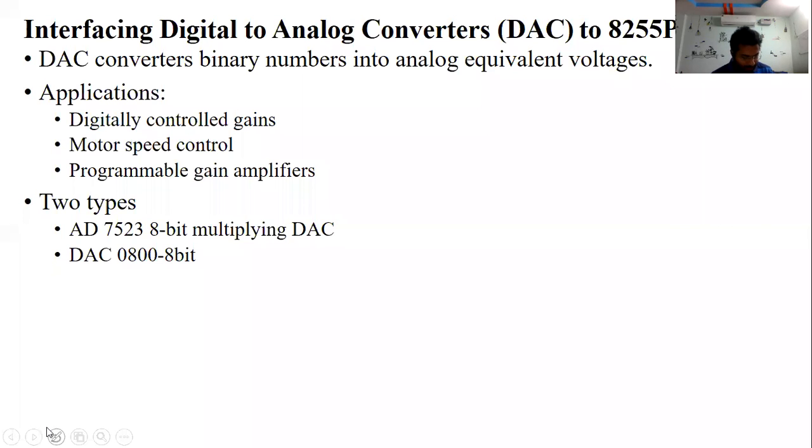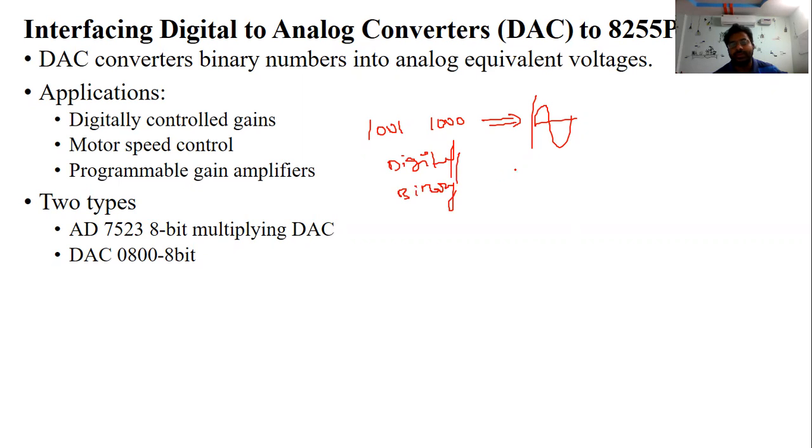Again, this one you can also see the digital to analog converters. Suppose the data 0011000, this data you are going to convert from digital or binary to an analog signal.